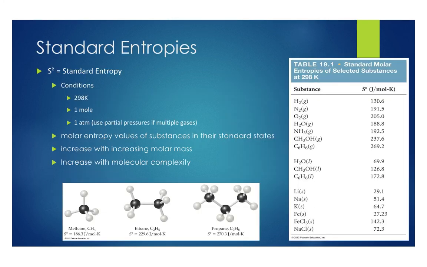All right, so we have defined what we mean by entropy of a particular system or situation. When we talk about chemicals, we actually have a set of standard entropies that are well known and well defined. Standard entropy is the entropy of a particular chemical under standard conditions: 298 Kelvin and 1 atmosphere of pressure, with 1 mole of the substance.